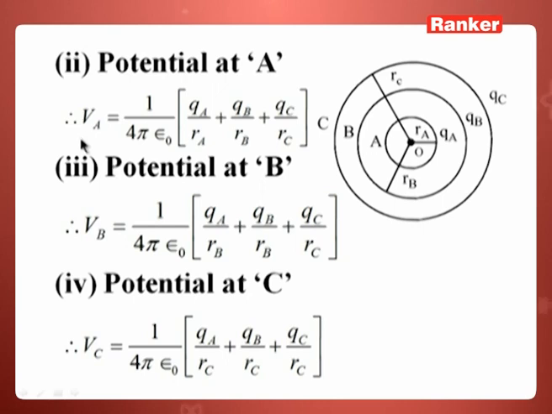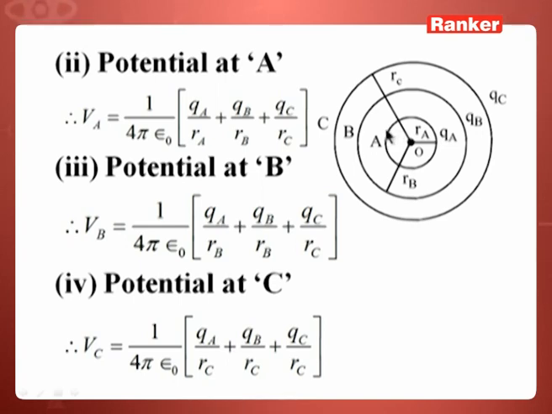We call it VA, 1 by 4 pi epsilon naught into... What you should understand now is, when a point is considered on sphere A, for sphere B and sphere C the point lies inside, whereas for sphere A the point lies on its surface. So once again you will come across three potentials.